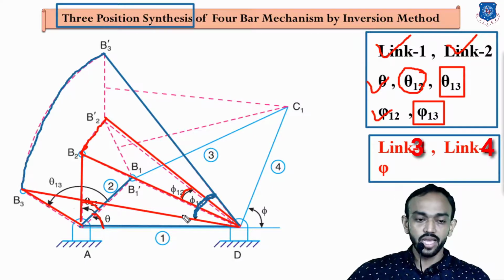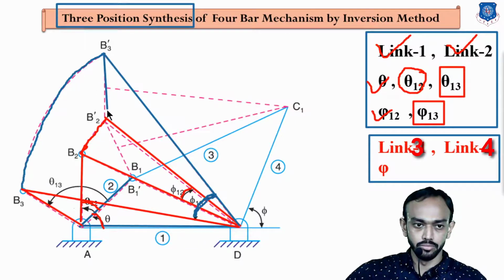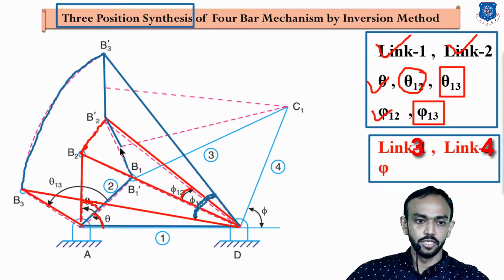Okay, what we are going to do now, remember that we have to connect these points we obtained. Which points have we obtained? B3 to B2. Connect this line B3 to B2, and after that B2 to B1, the initial position. Okay, initial position, B2 to B1.